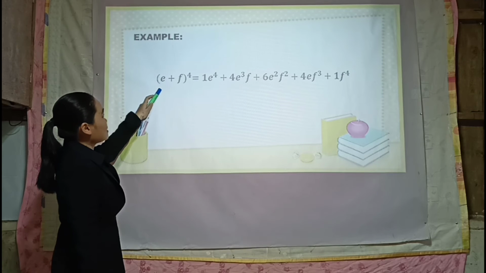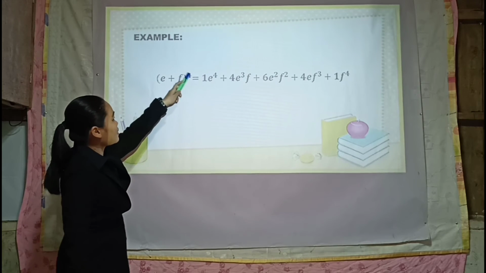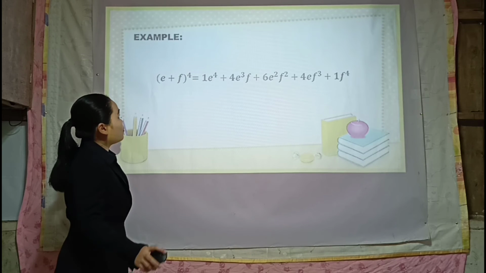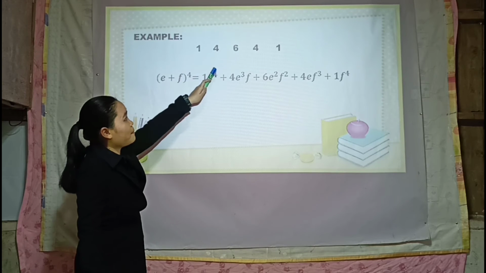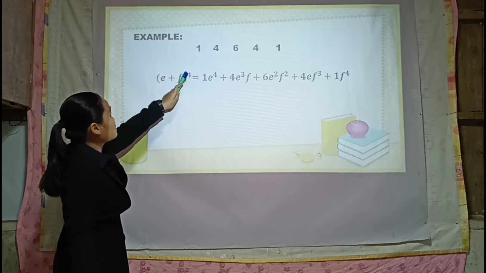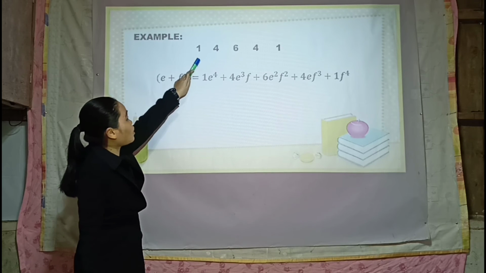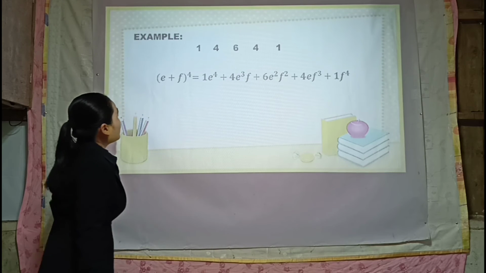Okay, for this given expression, we have e plus f raised to 4. Since our n here is 4, we are using row 4. And it has 5 terms because 4 plus 1 is equal to 5. And the coefficients are 1, 4, 6, 4, and 1.